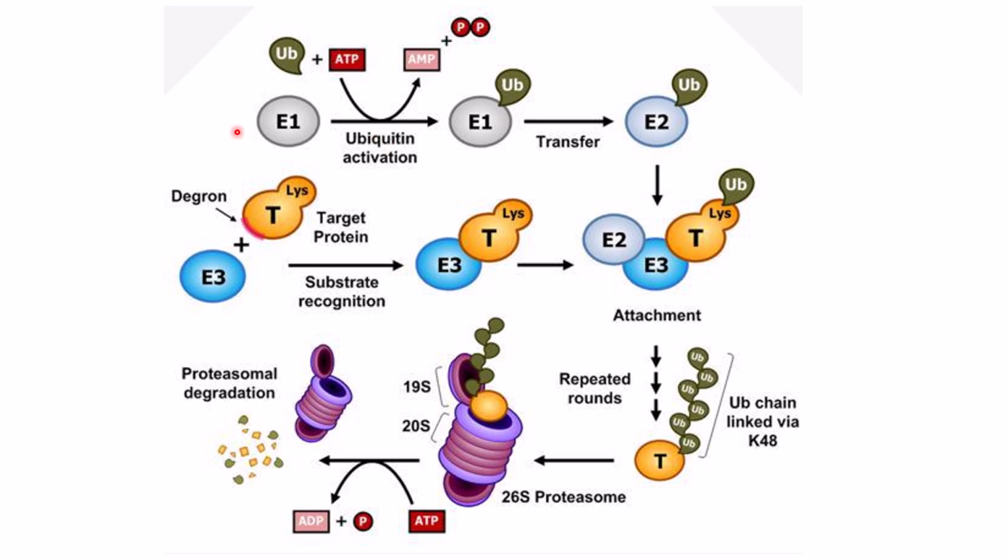So ubiquitin activation by E1, that is ubiquitin activating enzyme. So this enzyme will use ATP to form a thioester bond between the C-terminal carboxyl group of ubiquitin and the cysteine residue of E1.